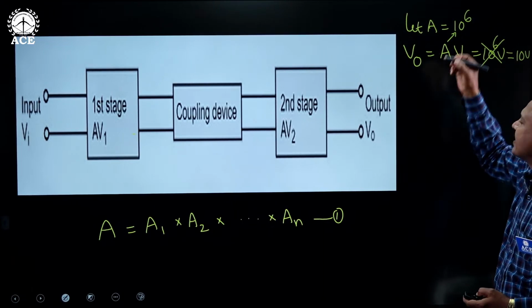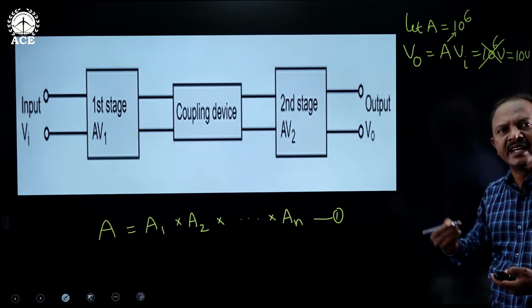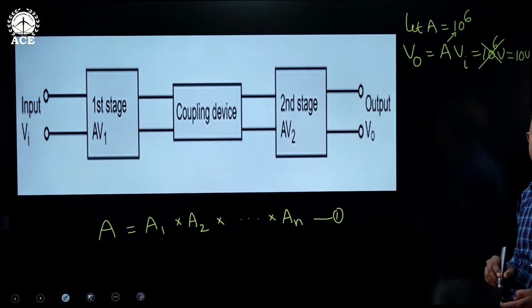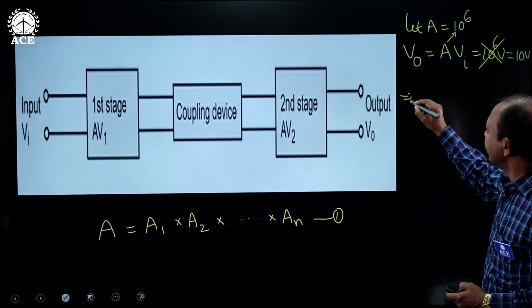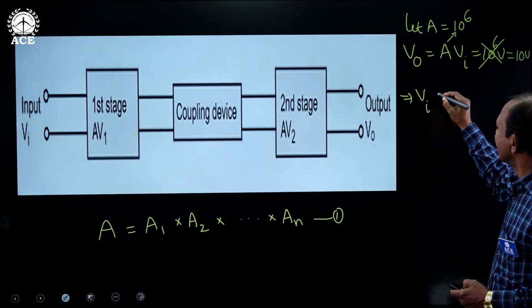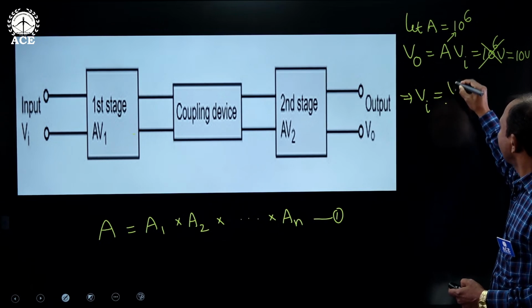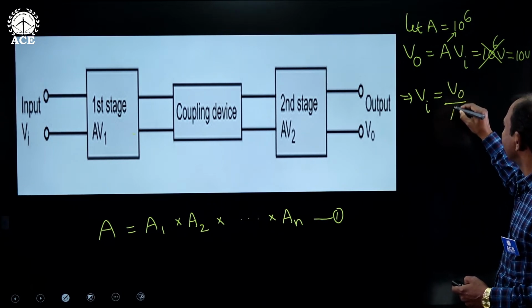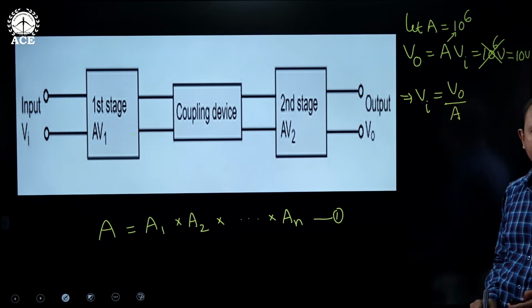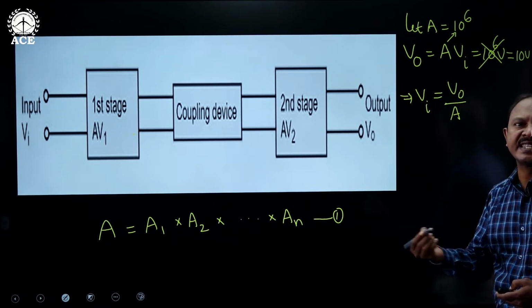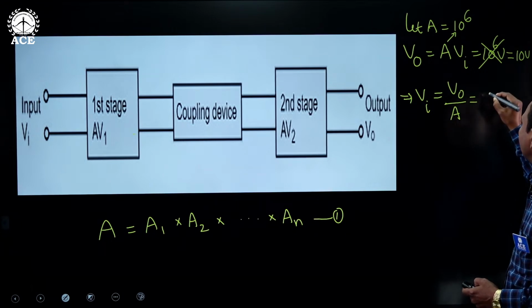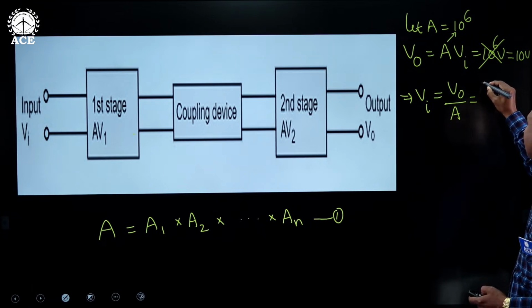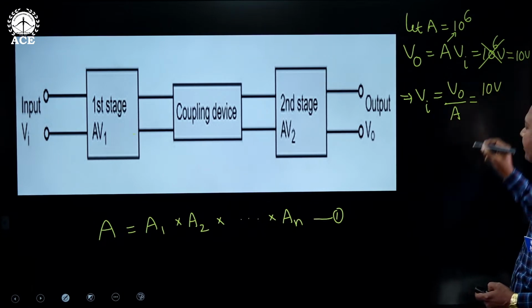Then, what is the significance of this 10^6 gain? Where does it reflect? To understand that, let us rearrange this formula for VI. VI equal to V0 by A is the formula, which will help us to understand the significance of a multistage amplifier. Now, we already observed that the maximum possible output is 10 volts.